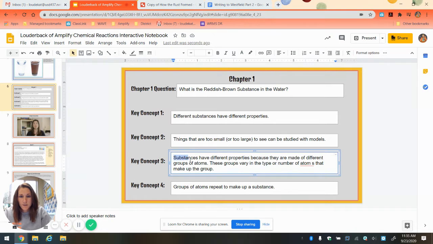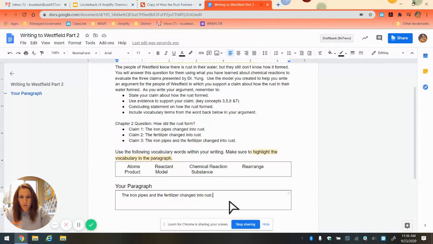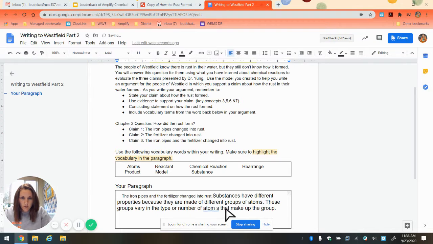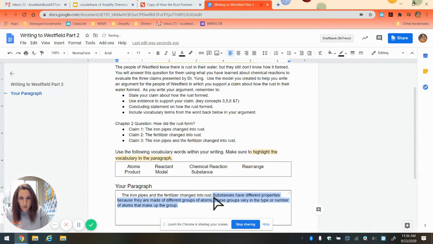Key concept 3 is: substances have different properties because they are made up of different groups of atoms, and these groups vary in the type or number of atoms that make up a group. So I'm going to copy that into my paragraph, right? And then I want to also make sure that everything looks the same and orderly, all right?